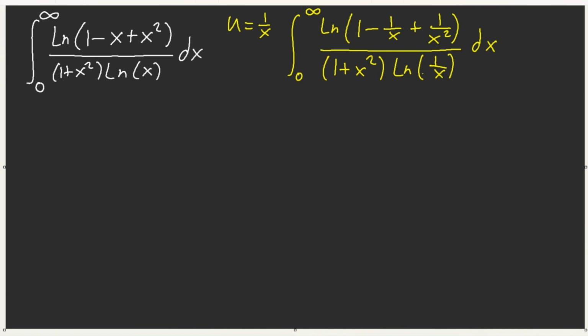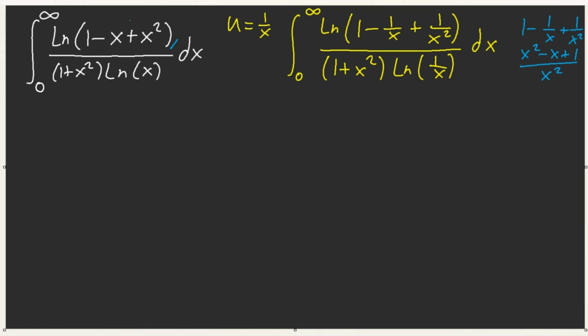Interesting. We have a negative ln of x here, so we know this is going to be a negative integral. But what is that on top? Here, 1 minus 1 over x plus 1 over x squared. What is that? x squared minus x plus 1? Oh, interesting.